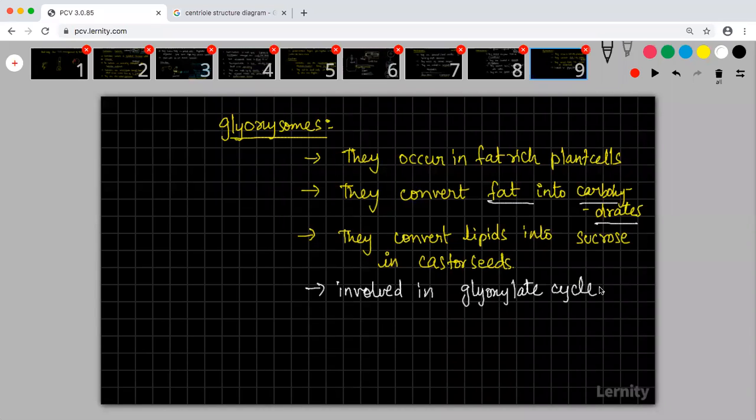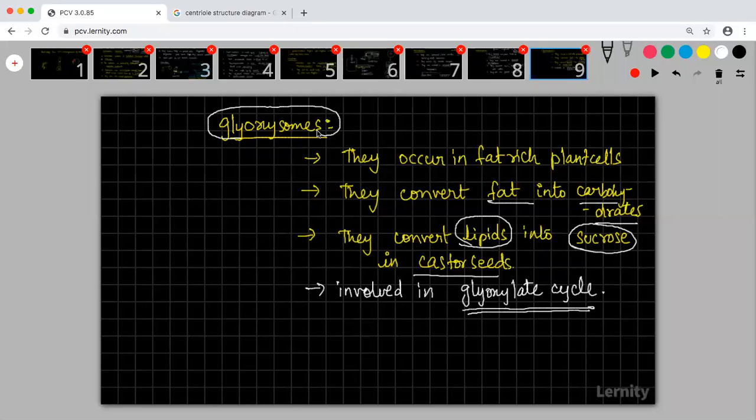You will see glyoxysomes only in fat-rich plant cells. They convert fat into carbohydrate. In castor seeds, you can see this. They convert all the fat into sucrose, a sugar carbohydrate, through a cycle called the glyoxylate cycle. Since it takes part in the glyoxylate cycle, we call them glyoxysomes.